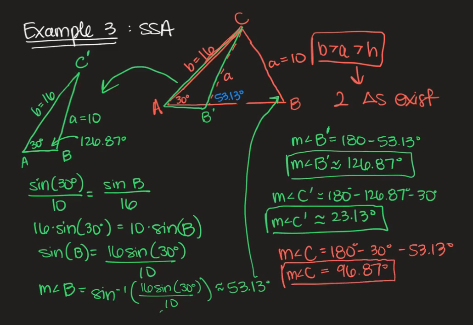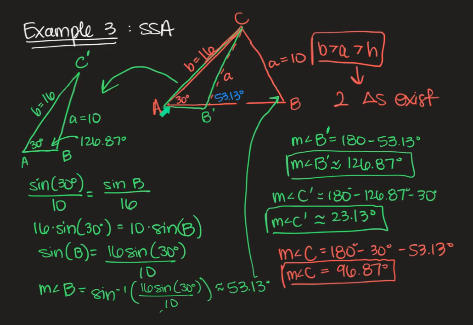So again, for the sake of time, I'm not going to show how to solve for the remaining side lengths you need to know, but you can just use law of sines like usual. So to solve for this small side of the green triangle, you can use law of sines using the measurement of angle C prime that we now know.